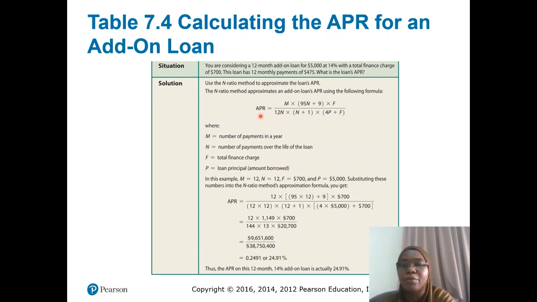So for you to calculate the APR, you multiply M by 95N plus 9 multiplied by F. All these letters have been defined here, so you only need to fix in the values in the formula and then calculate to get the answer. Thus, the APR on this 12-month 14% add-on loan is 24.91%. So that's how to calculate the APR for an add-on loan.